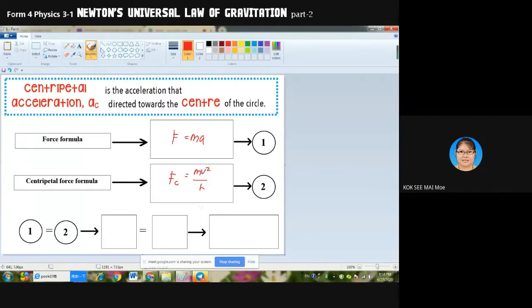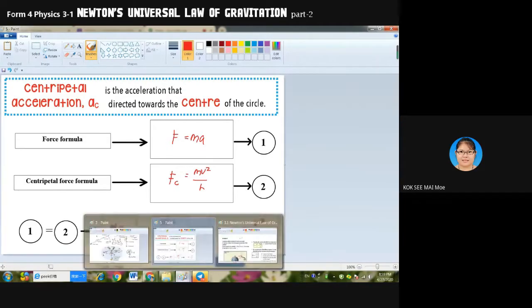Then we make them equal: F_c equals F, so ma also equals mv squared over r. Finally, which one can we cut? This m we can cut. So we can say acceleration a equals v squared over r. So this equation from the centripetal force creates the centripetal acceleration.